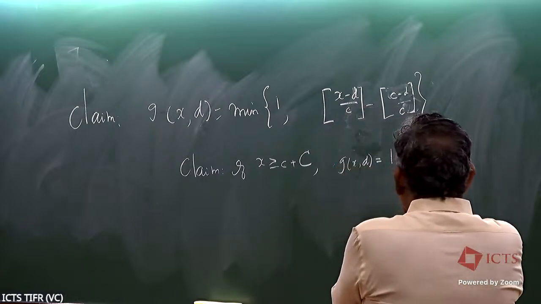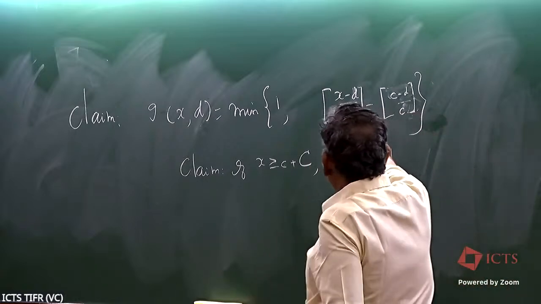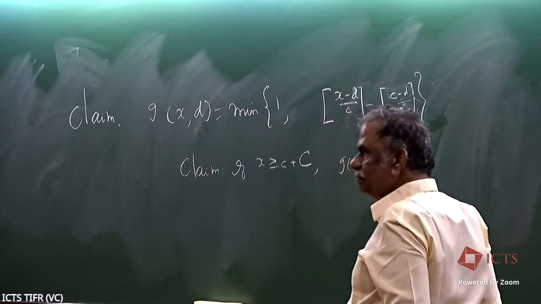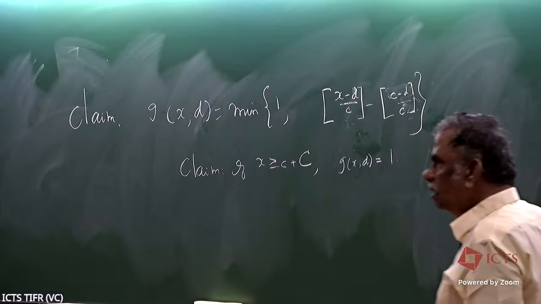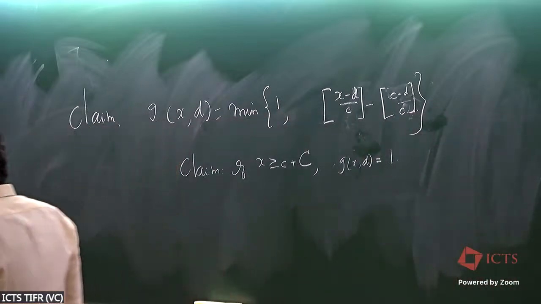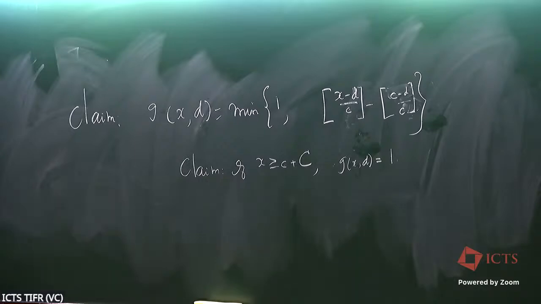And that is again obvious because if x is very large, then of course this minimum already will be 1. Is it okay? No, what is that? x is greater than or equal to d, and that's all I need.